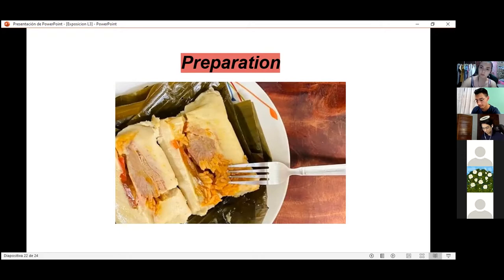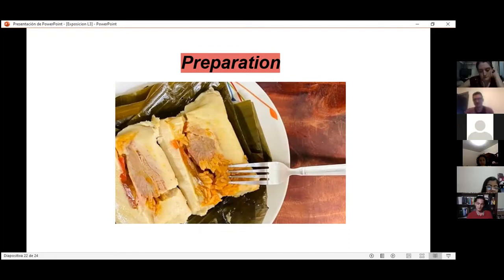Place the banana leaf you need, and sew one cross on top. Pour four spoonfuls in the center, and place the small chicken in the center.